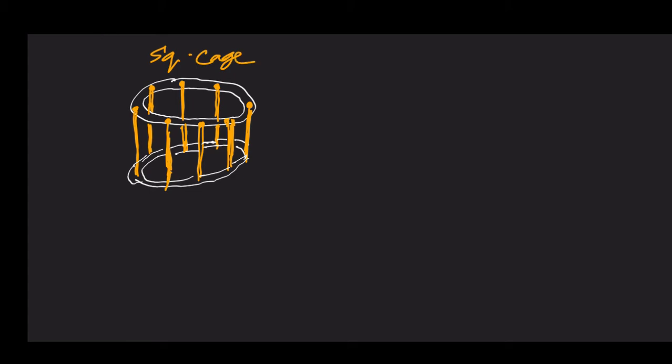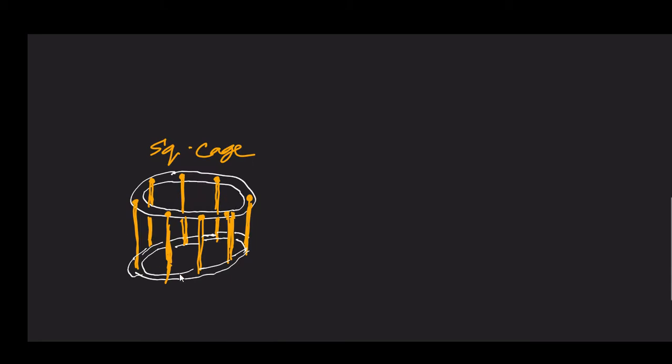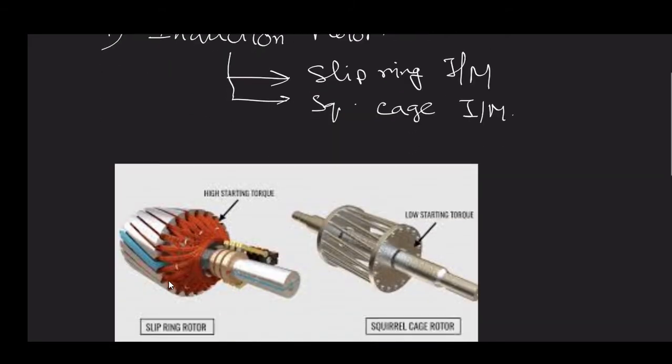And for slip ring, here it is clear that in the squirrel cage the rotor structure is solidly shorted. But in case of slip ring, it is not shorted. One end is shorted and the other end is accessible. Generally a three-phase winding is present over this rotor structure, and it is accessible to the outside through these slip rings.